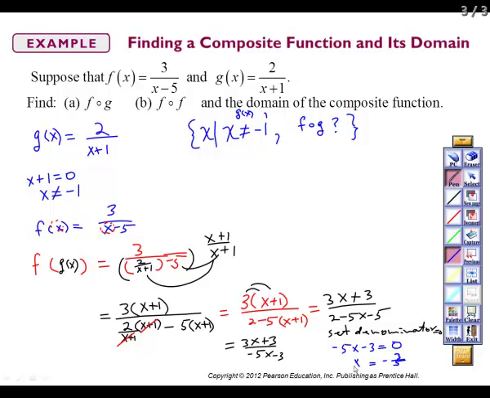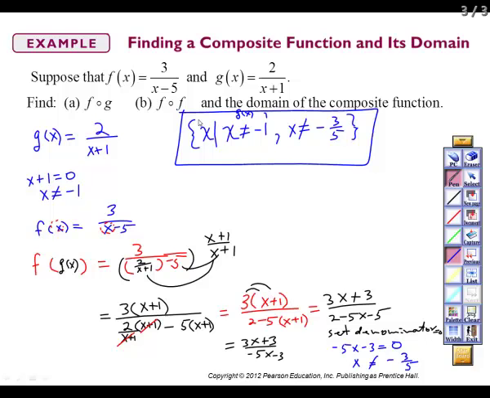And we get x cannot equal negative 3 over 5. And so that's where we get this. So now this will be x cannot be equal to negative 3 over 5. Okay, and so that's our domain for this composite function.